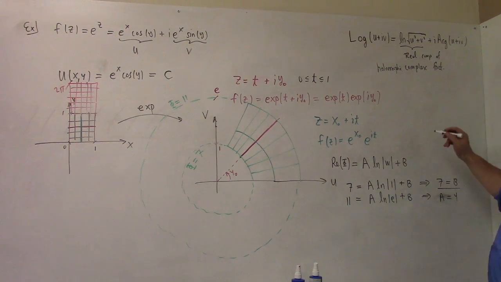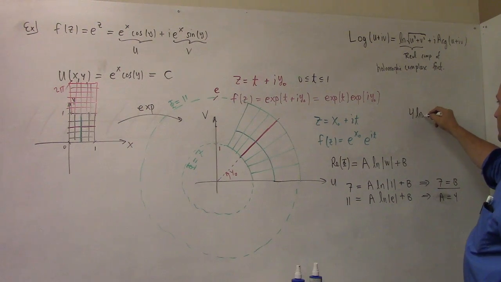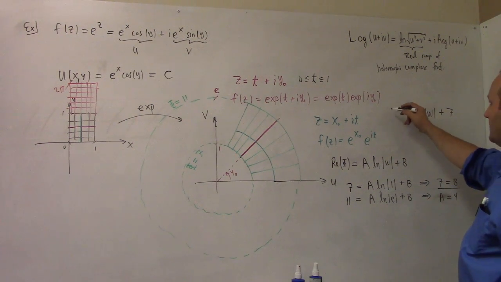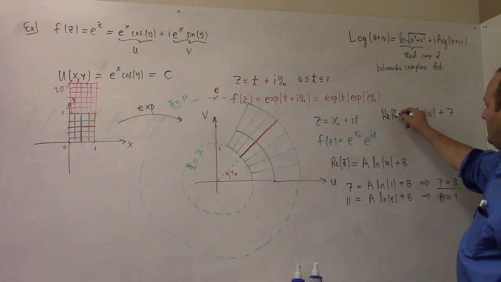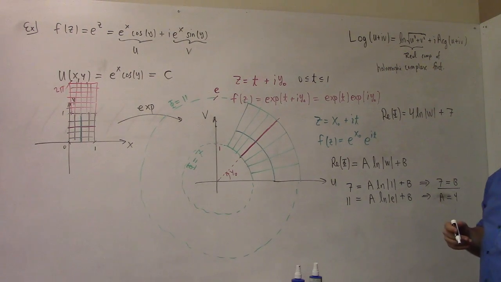So what I figured out is that if I do 4 natural log of w plus 7, that works as the real component of phi. Let's see here. I don't know if we really needed the whole complex function to do the thing, but I want to figure it out. I'm curious.